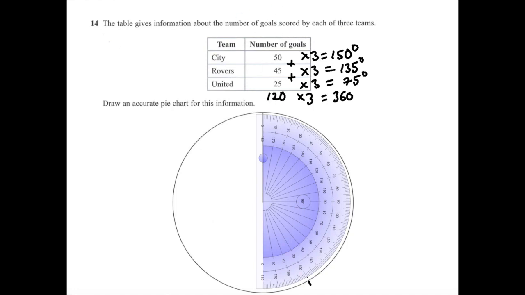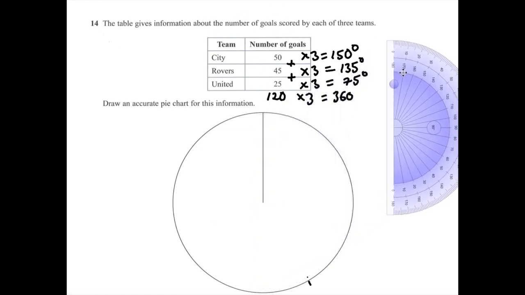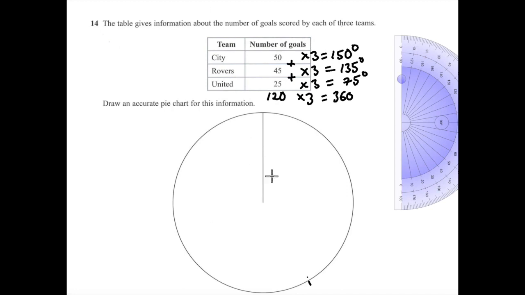So I'm going to move my protractor out of the way and draw a straight line from the center of the circle. Good. So I'm going to write City.